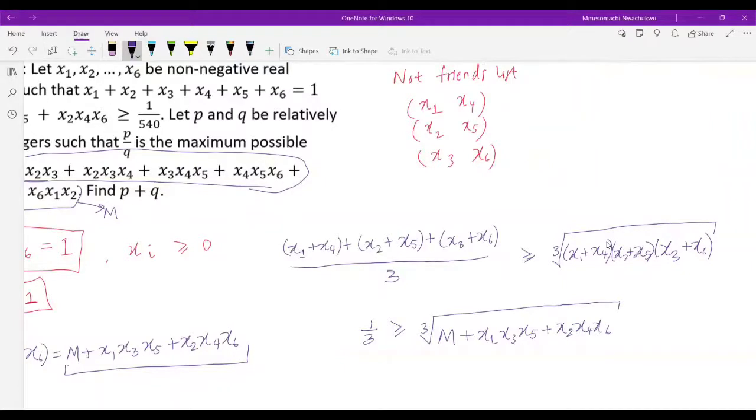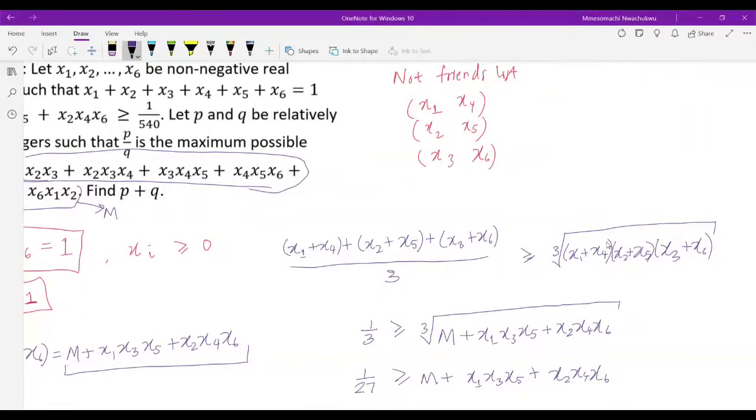Zero doesn't really make much difference except when you're dividing. So cubing both sides, we have 1 over 27 is greater than or equal to M plus x1 x3 x5 plus x2 x4 x6.